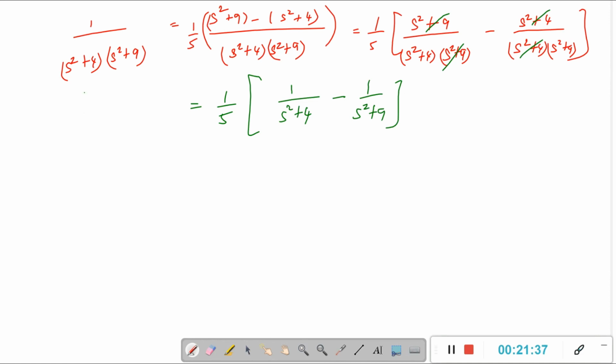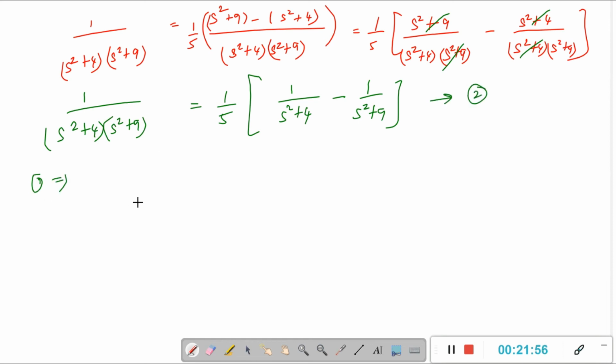That means you can take 1 by (s square plus 4)(s square plus 9) as 1 by 5 into 1 by s square plus 4 minus 1 by s square plus 9. Now you can take this as equation 1.